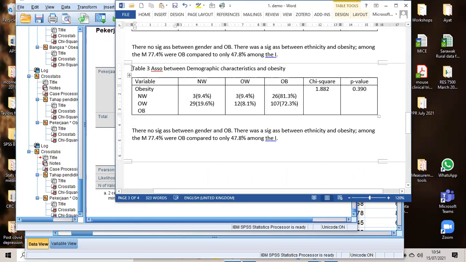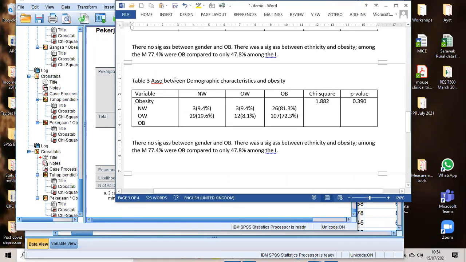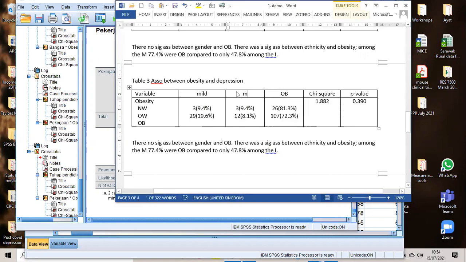So this will be association between obesity, let's say, and depression. Okay, depression here, let's say, mild, moderate, and severe.